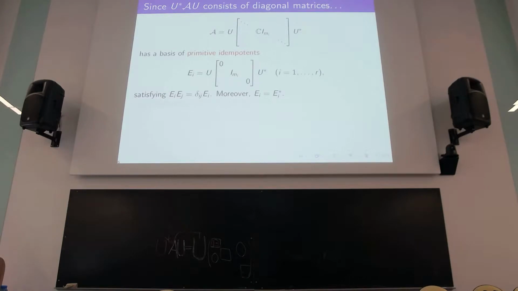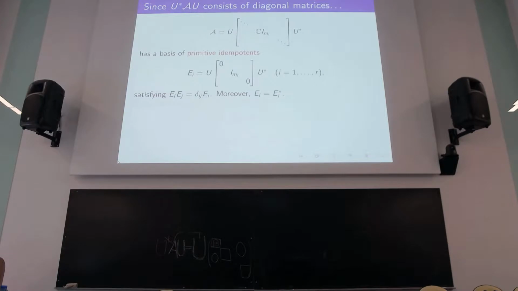Okay, so what does this space look like? After block diagonalization, originally I had U star AU on the left-hand side, but I moved U to the right-hand side so that A is equal to U times this commutative diagonal algebra times U star.